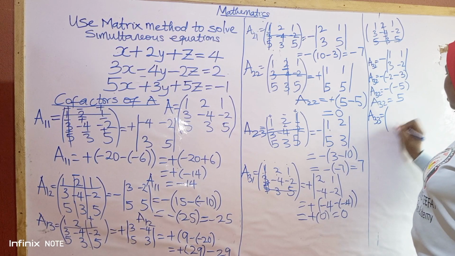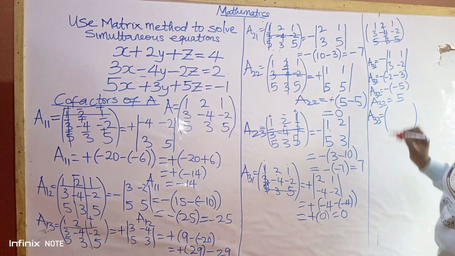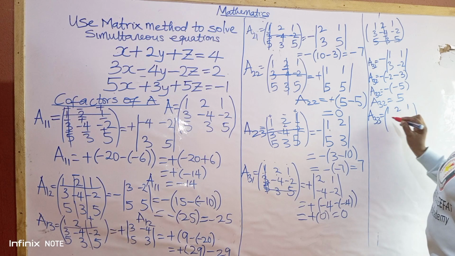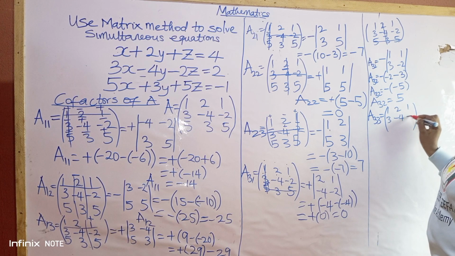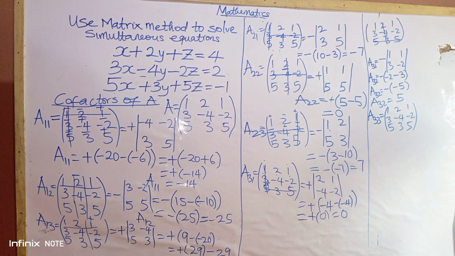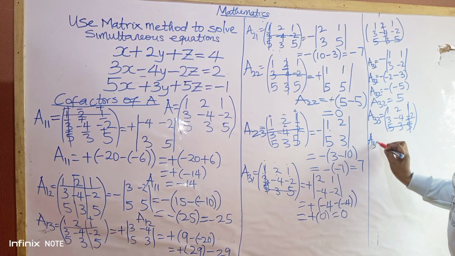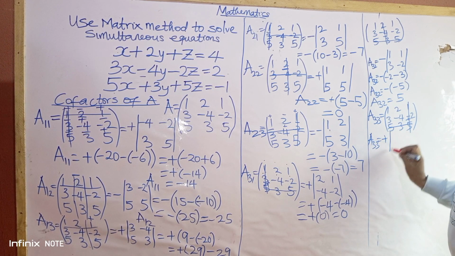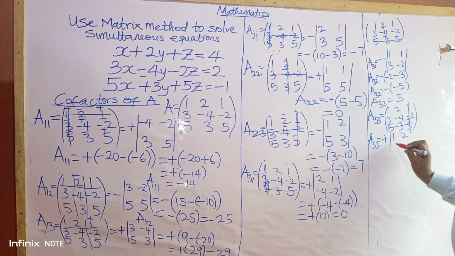So here A33. That is the last element there. So 1, 2, 1, 3, minus 4, minus 2, 5, 3, 5. So here will be plus. So you cover it like this, you cover it like this. So A33 will be equal to plus. Then I have 1, 2, 3, minus 4.